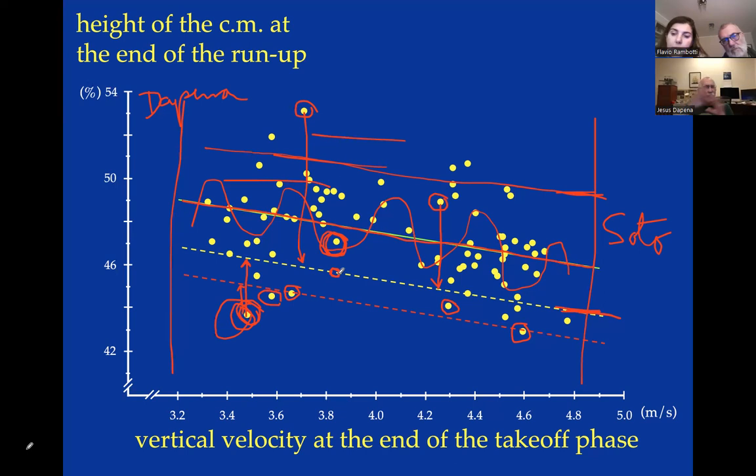He's going extremely fast, in which case I may say, okay, you're not very low here in this graphic, but you're so fast that the combination is okay. So I really have to consider both factors before giving advice.